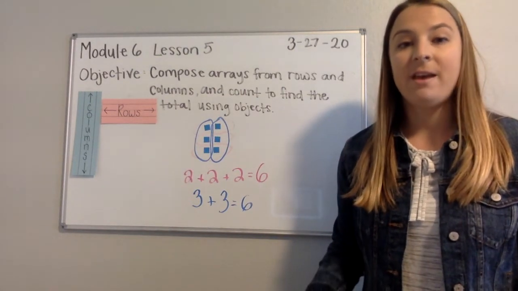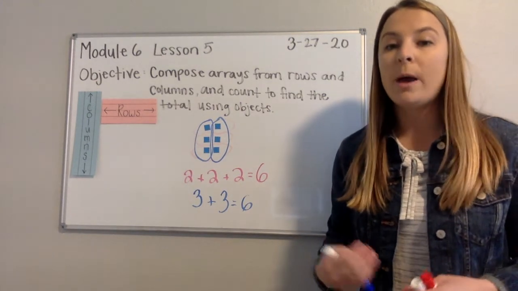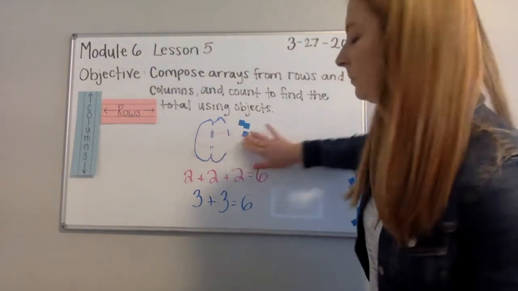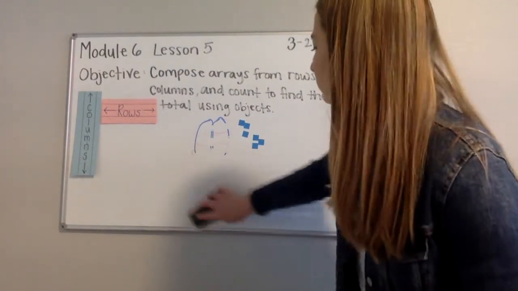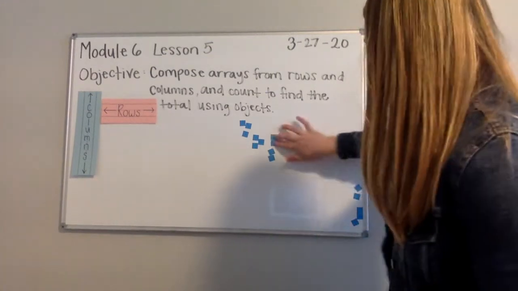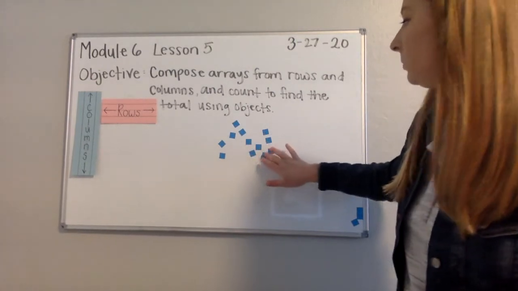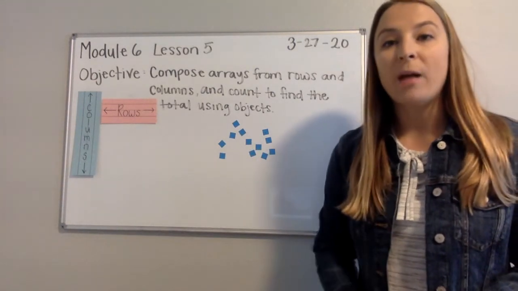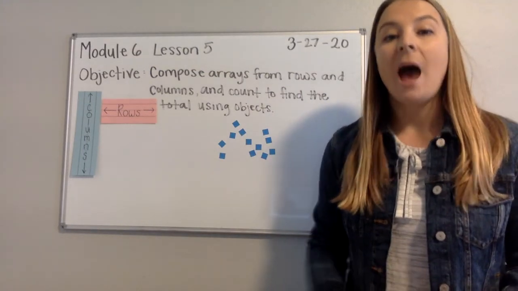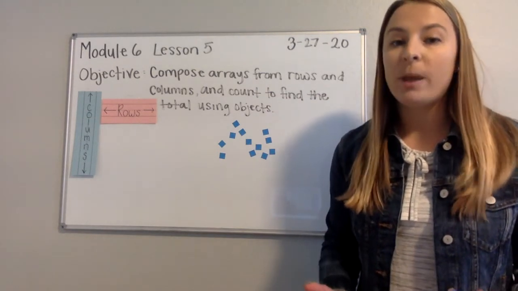At this time, I'm going to move into example 2, and I'm going to use 12 counters. So go ahead and add some more if you're working along with me. Okay, at this time I have 12 counters, but they're not arranged in a way that shows an array with rows and columns. I'm going to go ahead and group my counters into an array, but there's many different ways you could do this.